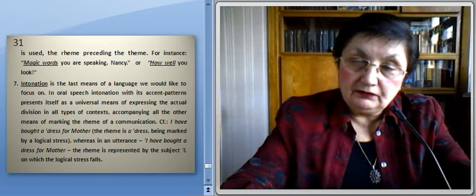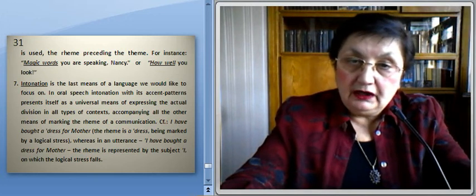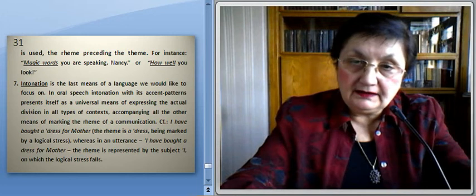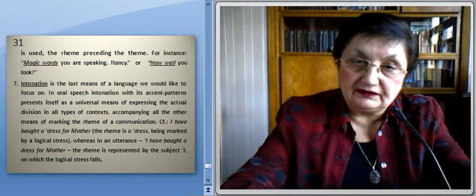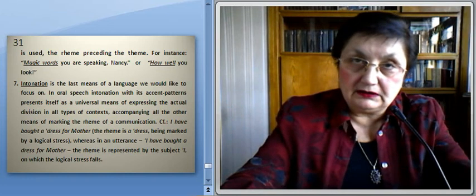For instance, I have bought a dress for mother. The rhyme is a dress being marked by a logical stress. Whereas, in the utterance, I have bought a dress for mother, the rhyme is represented this time by the subject I, on which the logical stress falls.